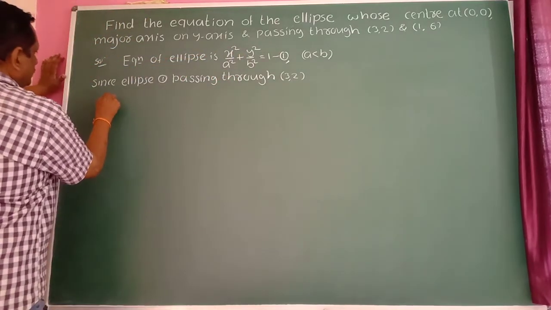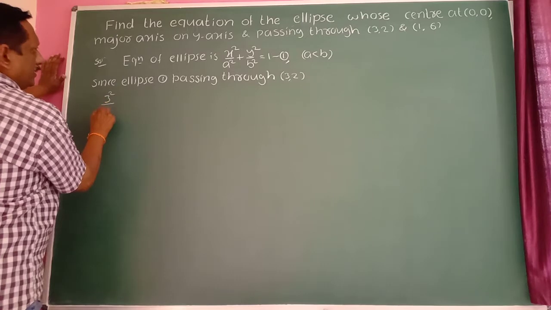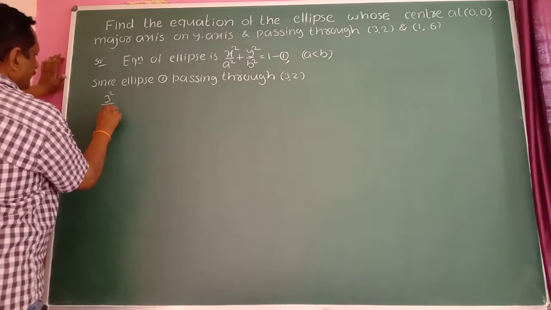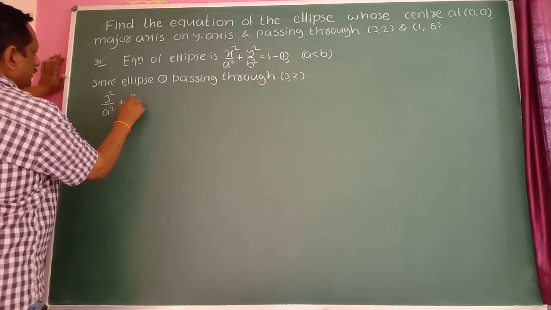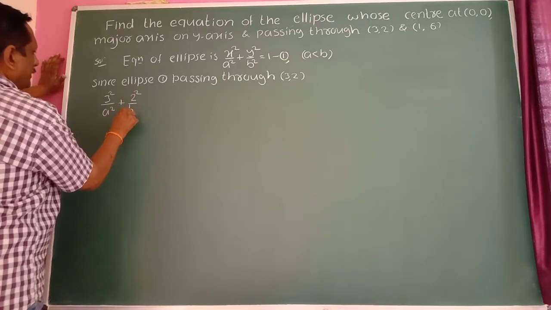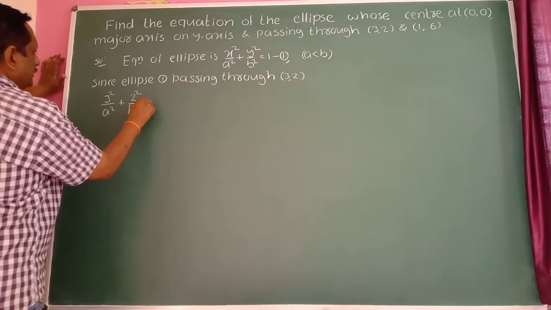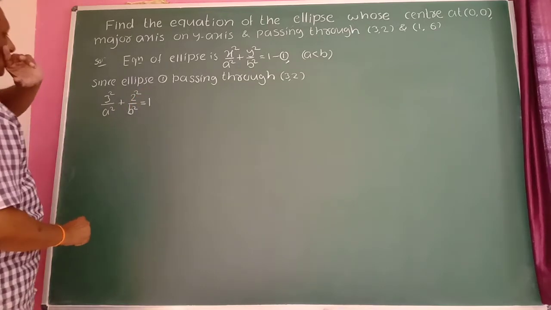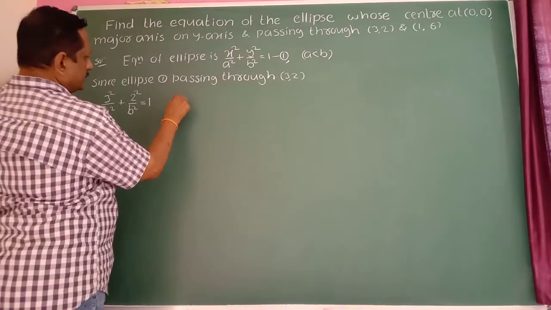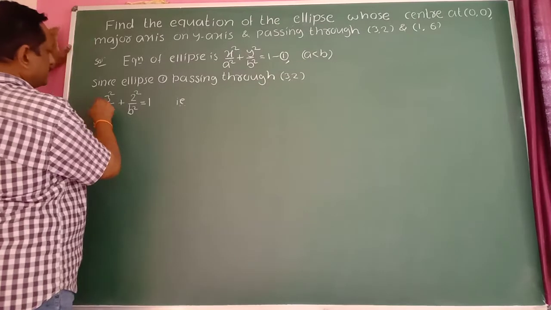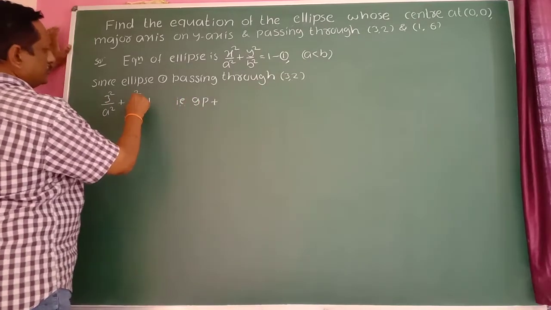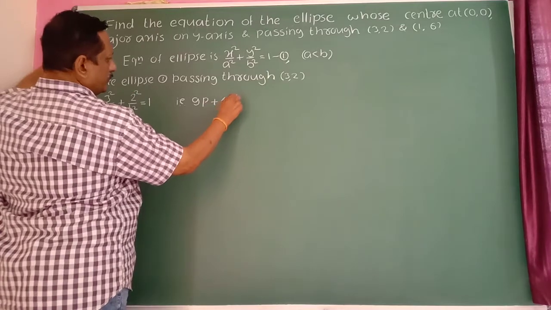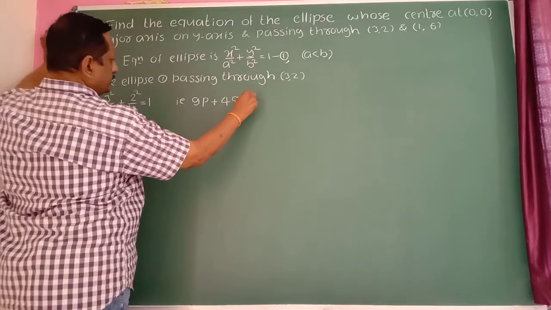So therefore, 3 squared divided by a squared plus 2 squared divided by b squared is equal to 1. So that is 3 squared is 9, 9 into p, plus 2 squared is 4, 4 into q is equal to 1.